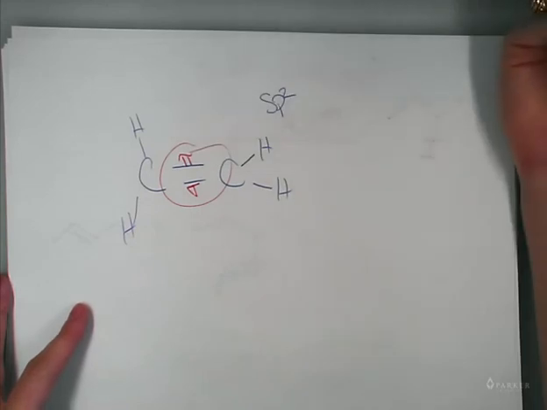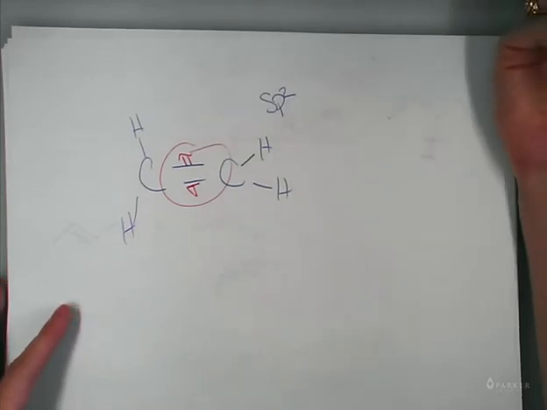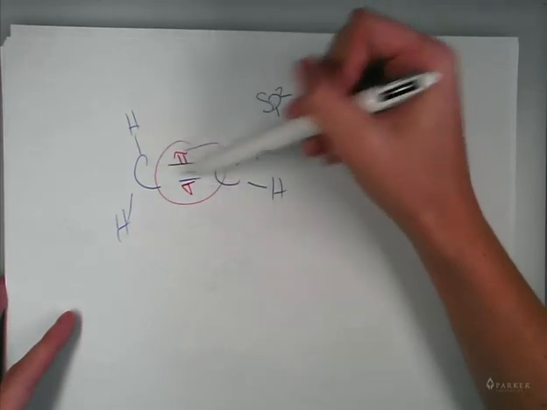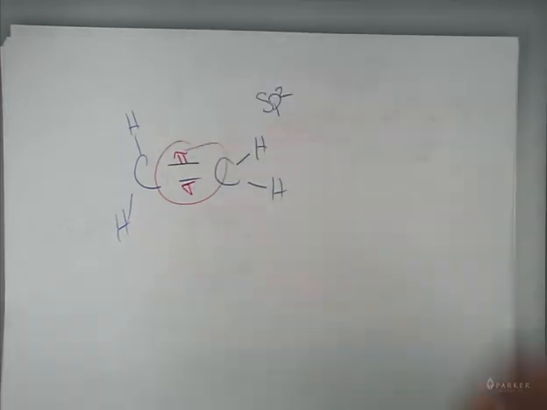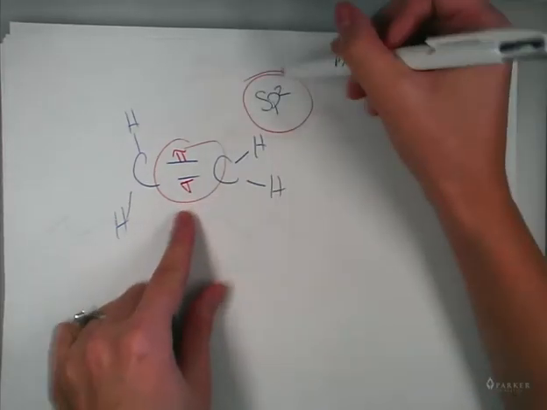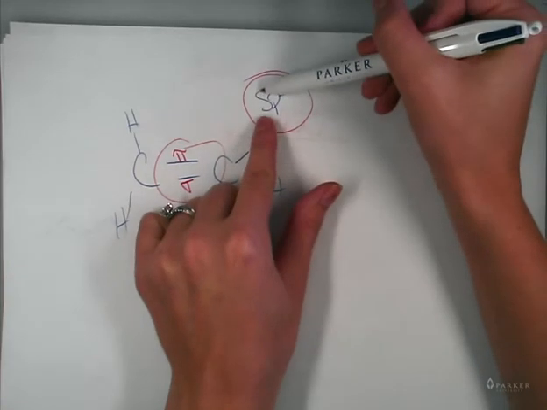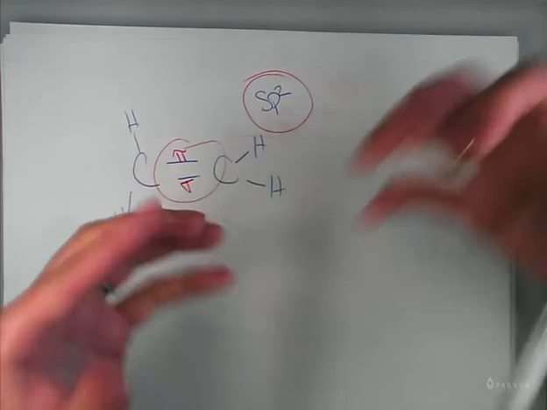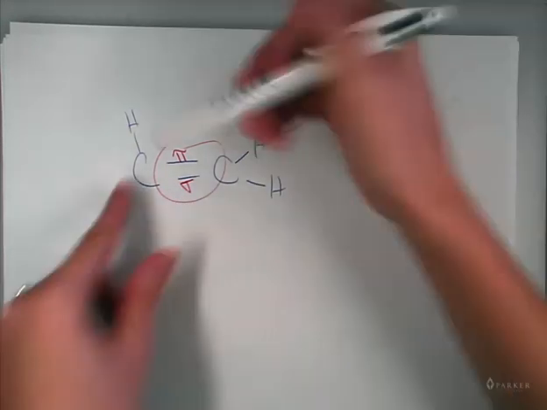Your pi bond is actually the reactive bond. It's not quite as strong as a sigma bond, because the sigma bonds, remember, those are hybridized. So your sigma bond is an sp2 orbital. Do you see it's a combination of an s and two p's? Okay, so it's kind of like on steroids, if you want.